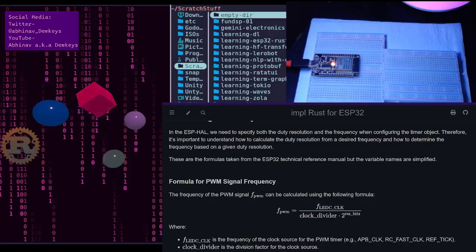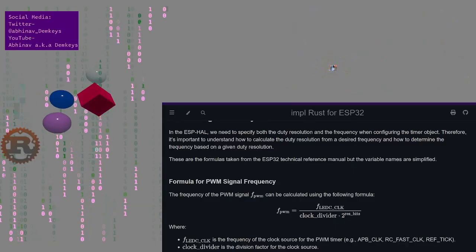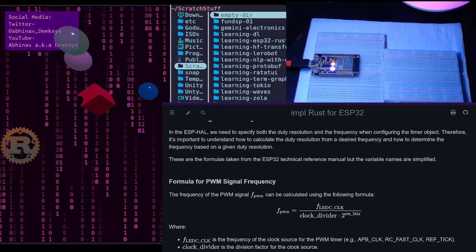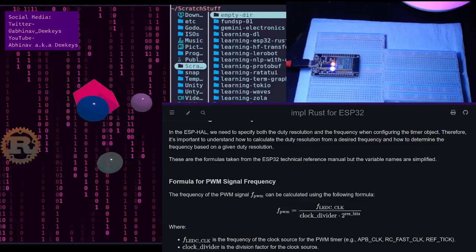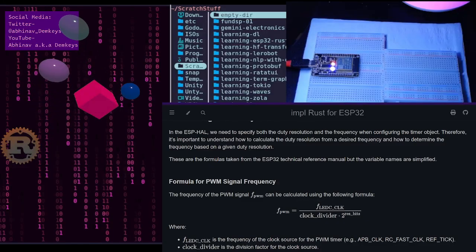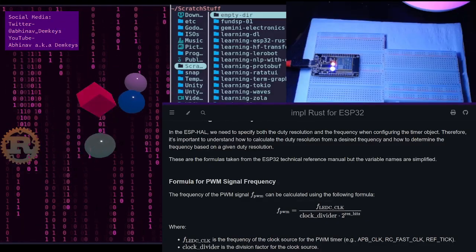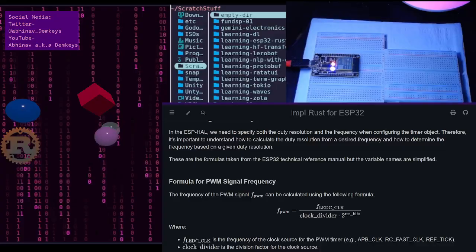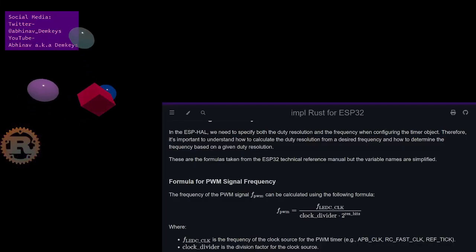Let's try cranking it up further. Okay, let's say 2000 milliseconds. So 2 full seconds. Oh, actually, maybe I need to restart the stream.